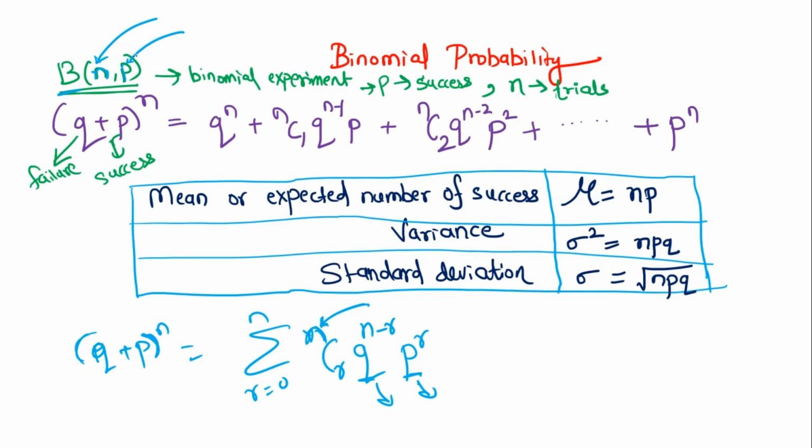In that case, your probability will be this. Based on this, we have different formulas. The mean or expected number of successes is the number of trials into the success probability. Variance is the number of trials into the success probability into the failure probability, and the standard deviation is just the square root of the variance.